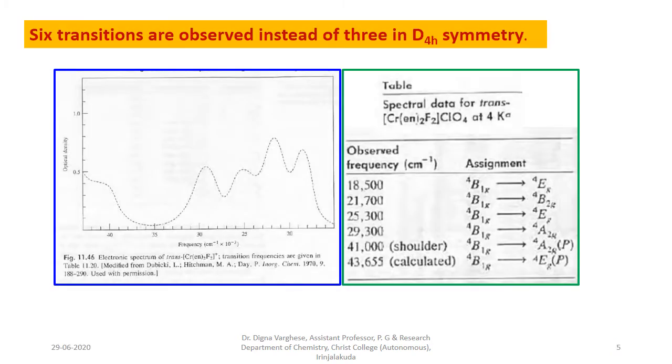So 6 transitions are observed instead of 3 in D4h symmetry.